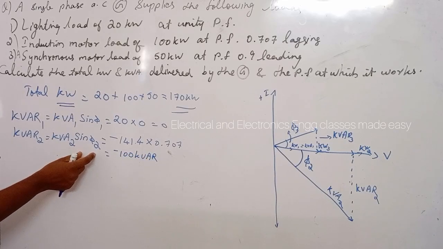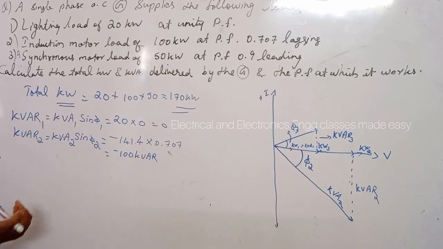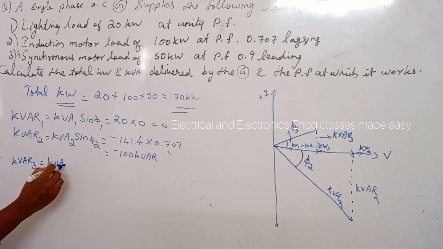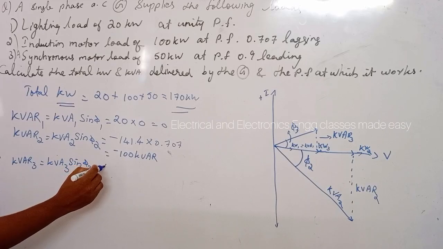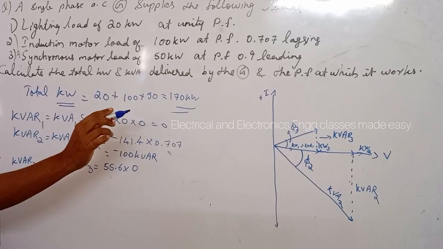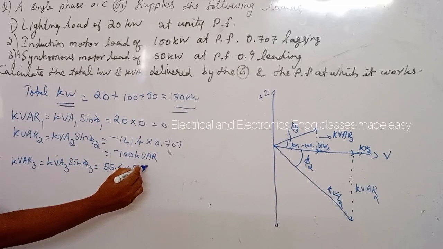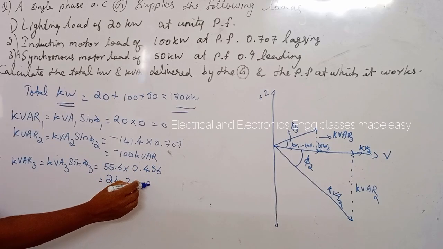Here sine phi 2 is negative, so we got minus 100 kVAR. Next calculate kVAR3, which is equal to kVA3 into sine phi 3, that is 55.6 into, here the sine value is positive, 0.436, and that is equal to 24.3 kVAR.